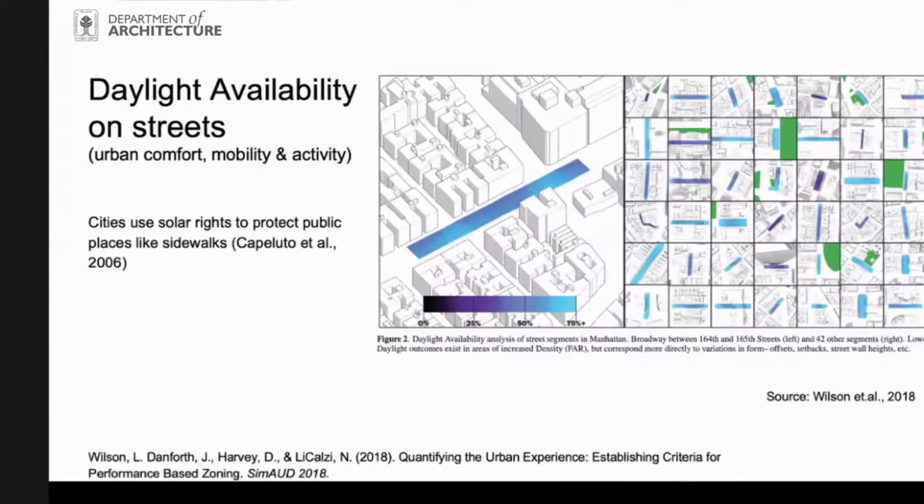People also try to assess mobility on streets, because it increases urban comfort, it increases mobility, and also activates the streets. So currently it's known as solar rights, to protect public space like the sidewalk.